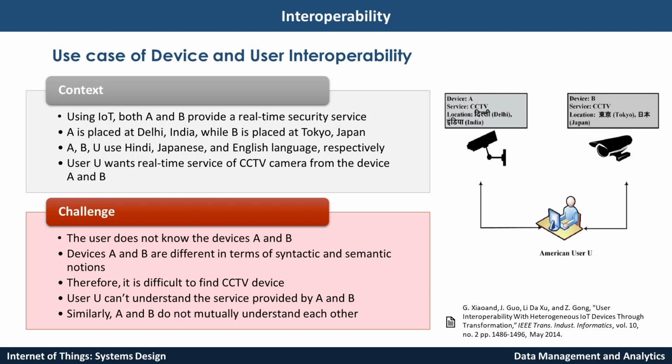You have ontologies which describe the capabilities of the camera and the services behind them. And then you can have different languages to annotate the ontology. So you can say camera in English, and whatever terms you use in Hindi and Japanese can also be embedded in the ontology.